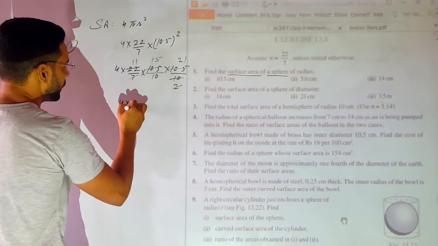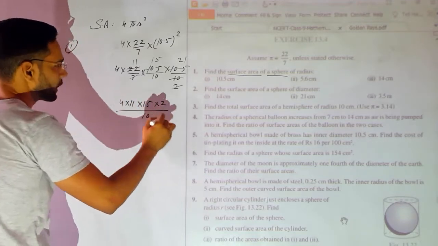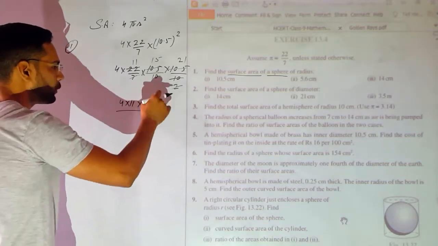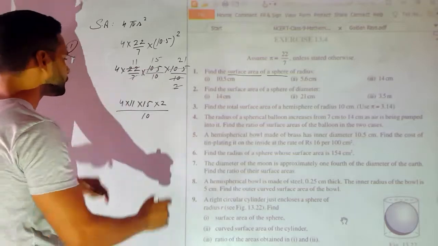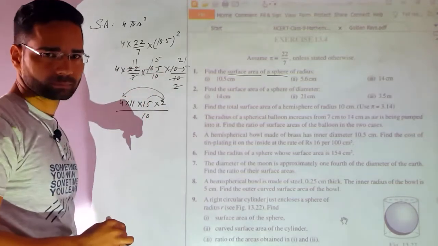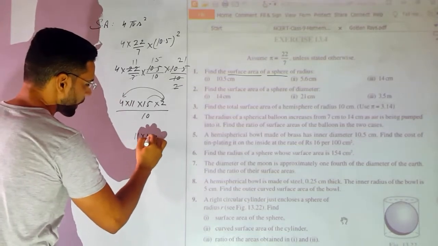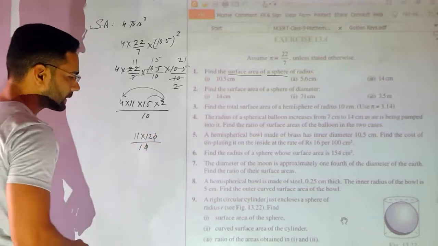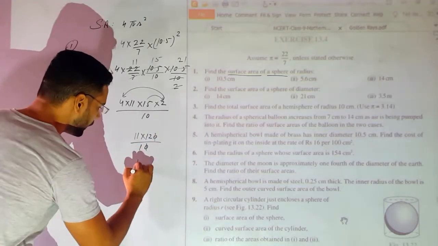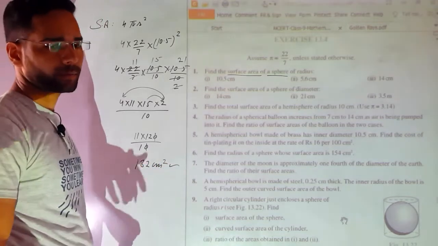Now 4 into 11 into 15 into 21 upon 10. Cancel. Now 12 into 11, 132 centimeter square is your answer.